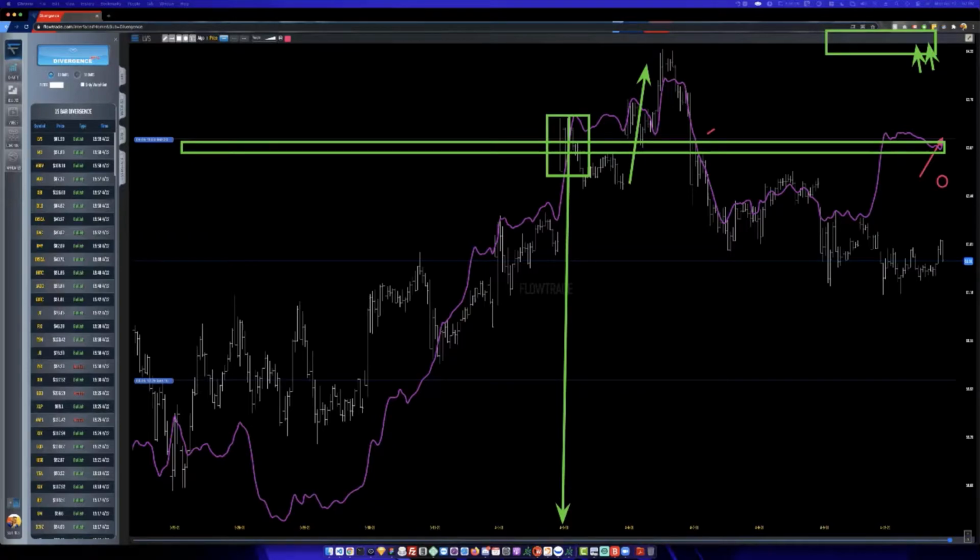Since then, price action has been trading with the algo until we came upon the divergence that can be seen here on April 10th.